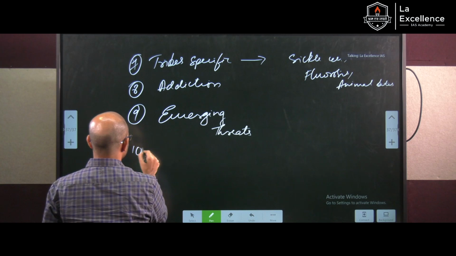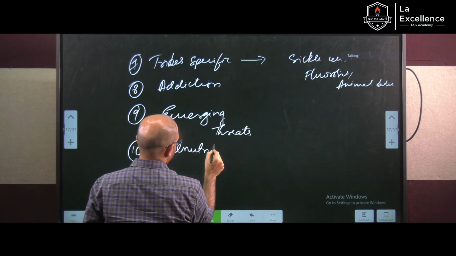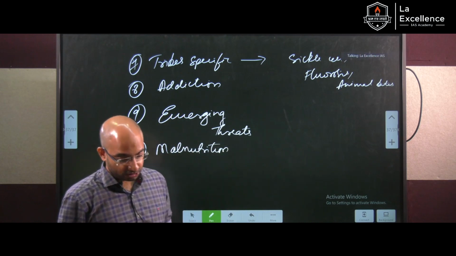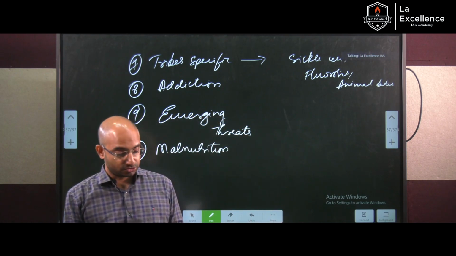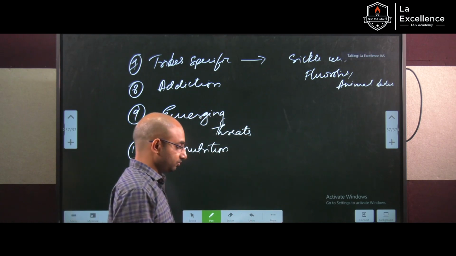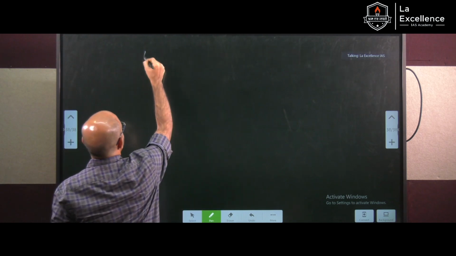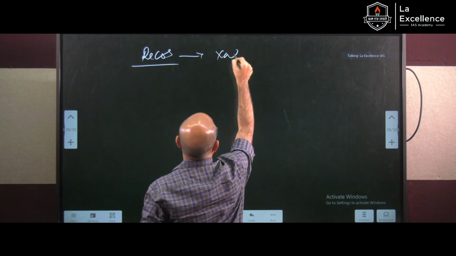Of course, we forgot the most important, malnutrition, because of poor access to food and because of the destruction of their traditional habitats. So malnutrition is another major health problem. So discuss all of this and then discuss the recommendations or suggestions as per Kaka committee.